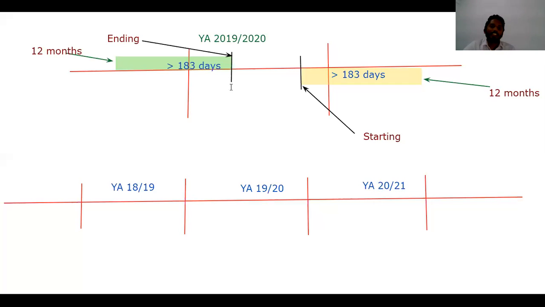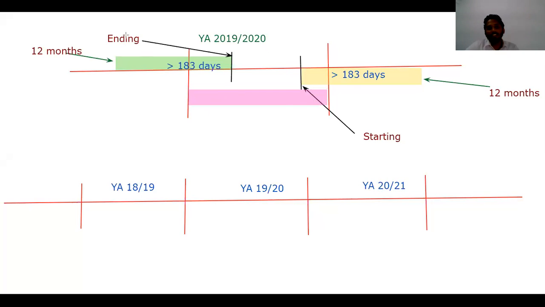Or maybe during the year. For during the year I will use a different color. Let me take a color here, pink color.